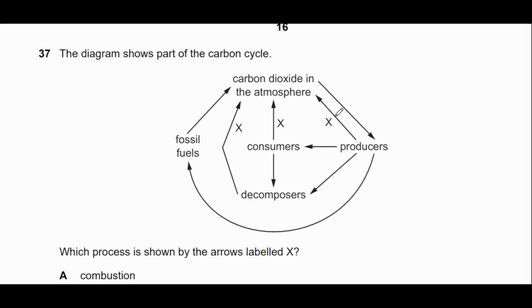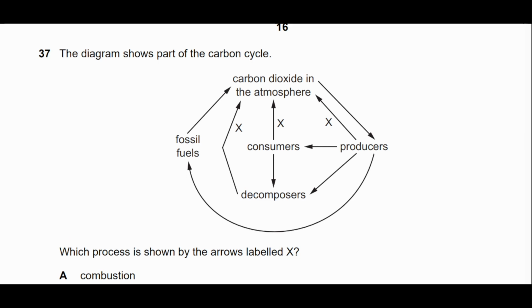The diagram shows part of the carbon cycle. Which process is shown by the arrows labeled X, right? So decomposers by process X would cause carbon dioxide to be released in the atmosphere. Consumers will also cause carbon dioxide to be released in the atmosphere, and producers also cause carbon dioxide to be released in the atmosphere. So which process do all three of decomposers, consumers, and producers do that releases carbon dioxide into the atmosphere? There's only one answer, it is respiration, right?